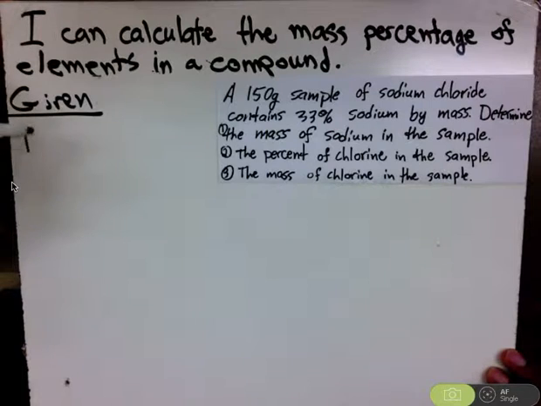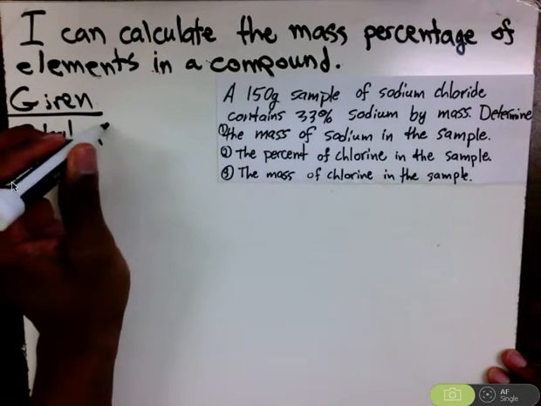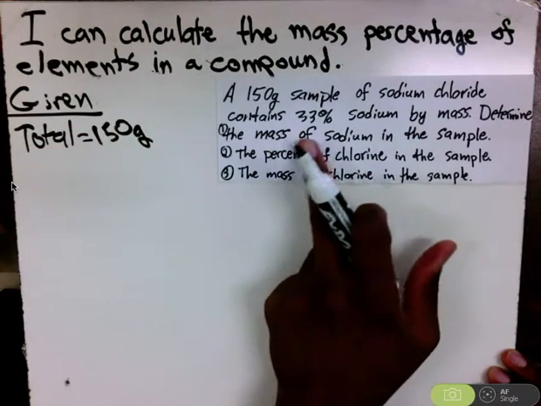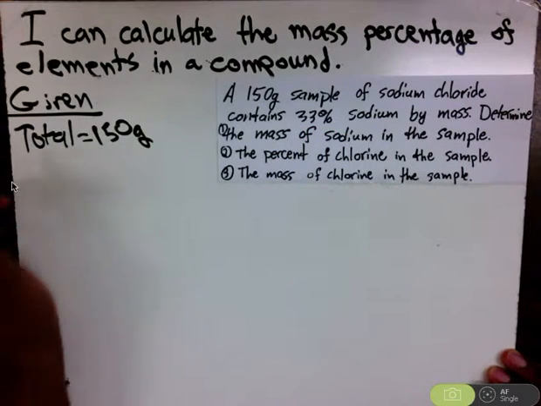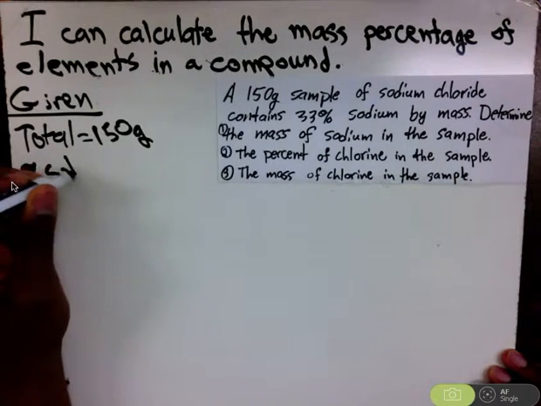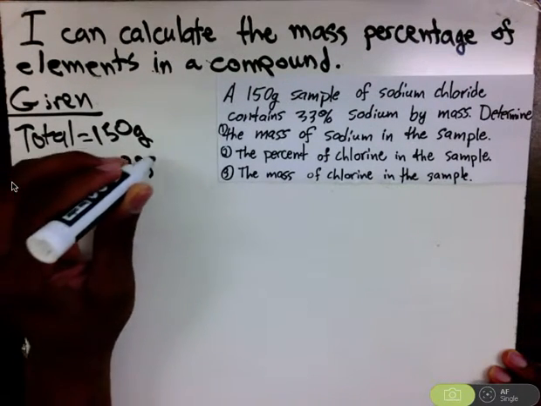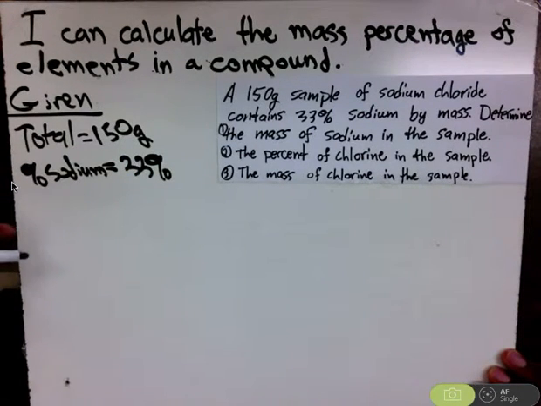So, I'm going to say total is equal to 150 grams. The next quantity that's given to us, 33% sodium by mass. So my percent sodium is equal to 33%. Now, my unknown quantities.